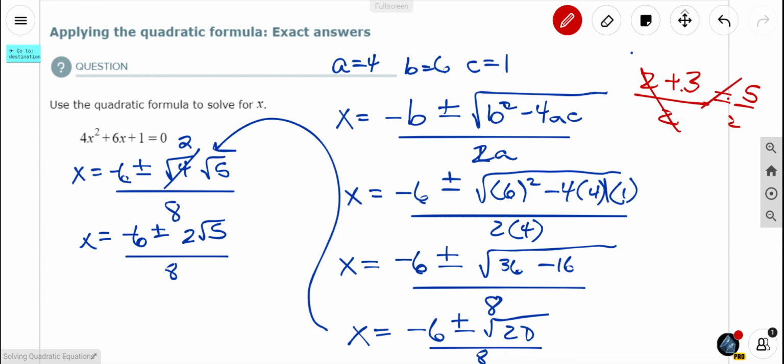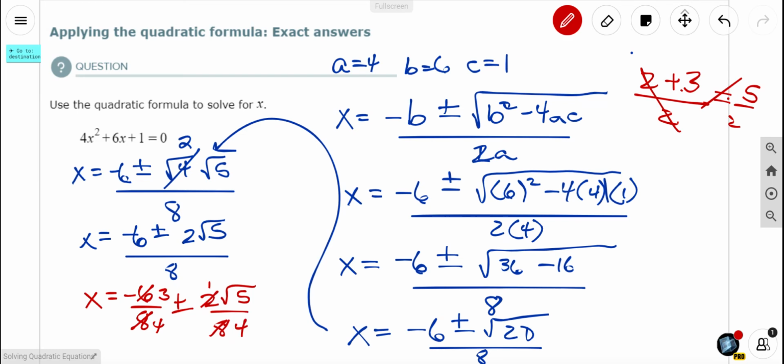So over here, sometimes it's easier to understand if you separate it. 6 over 8 plus or minus 2 root 5 over 8. And then look, 6 is divisible by 2, you get 3. 2 goes into 2 once, 2 goes into 4.